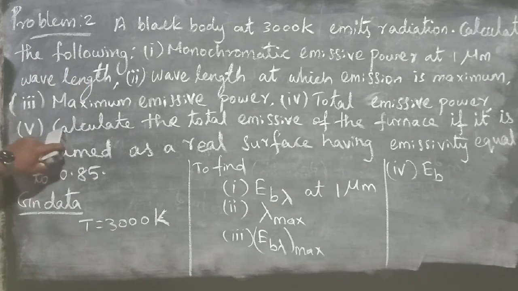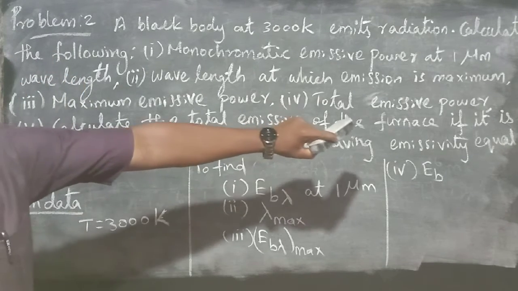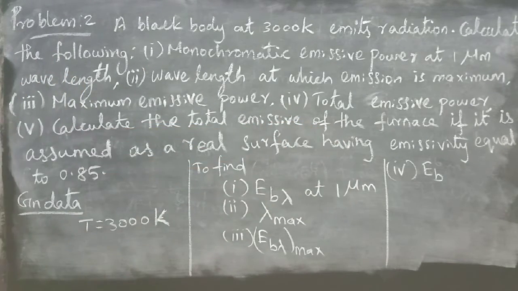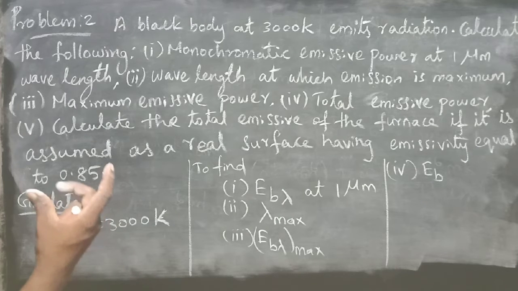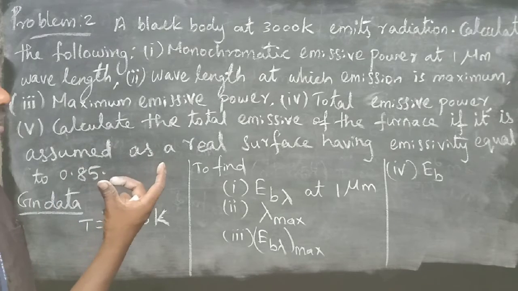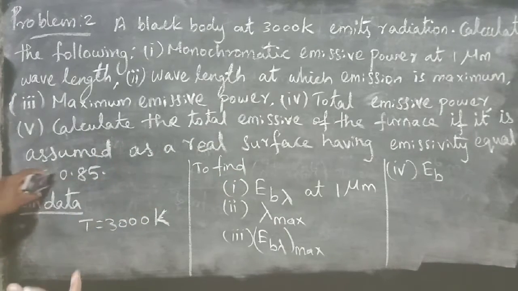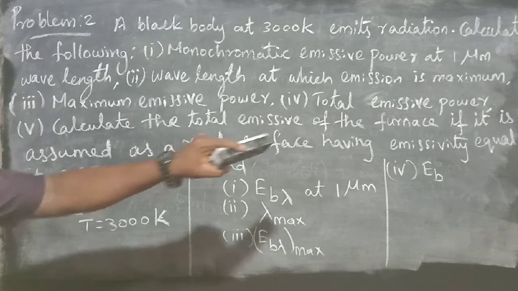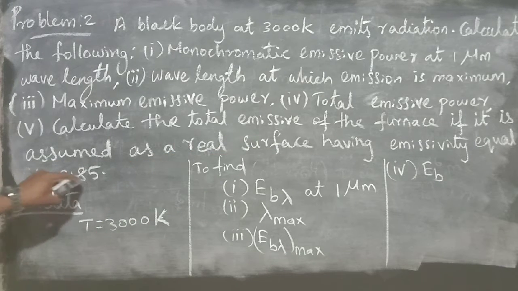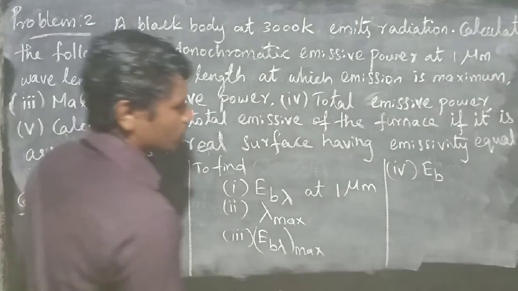The last one, calculate the total emissive power of the furnace. In this case they have given it as a furnace. If it is assumed as a real surface, we need to assume a real surface having emissivity of 0.85.